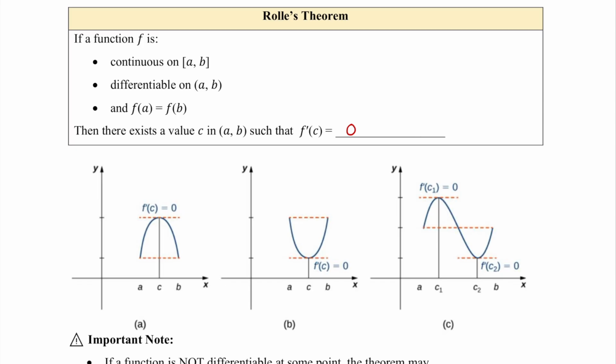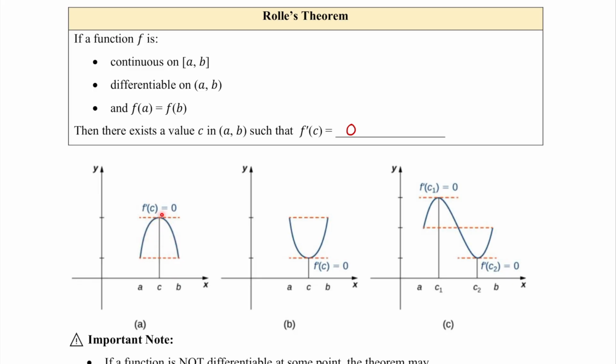Now let's look at the graphs to really understand this. From the first graph, look at the endpoints. This is where x equals A, and this is where x equals B. This is f of A, and this is f of B. F of A and f of B have the same height, so f of A equals f of B. The graph goes up, then comes back down.